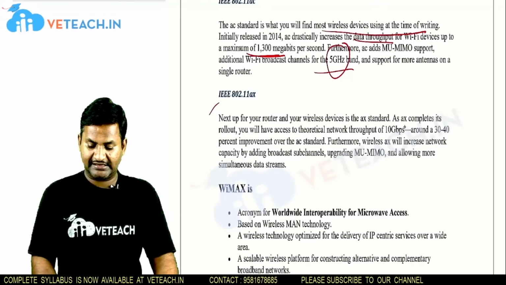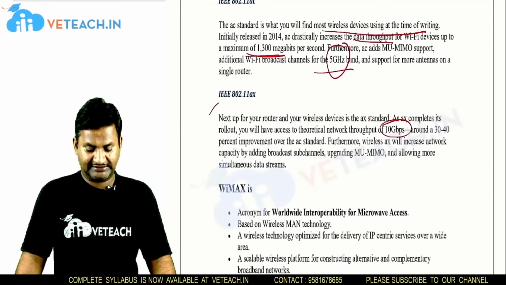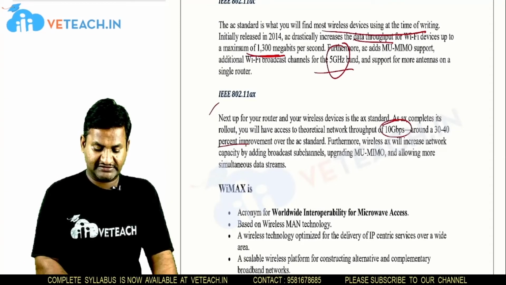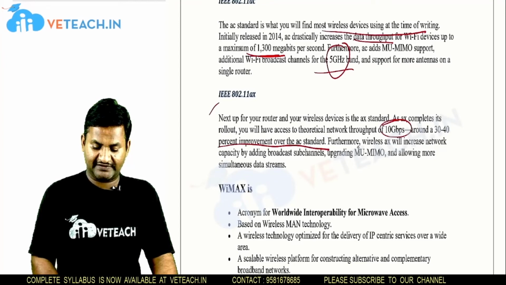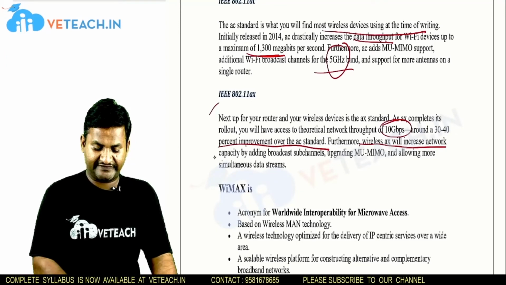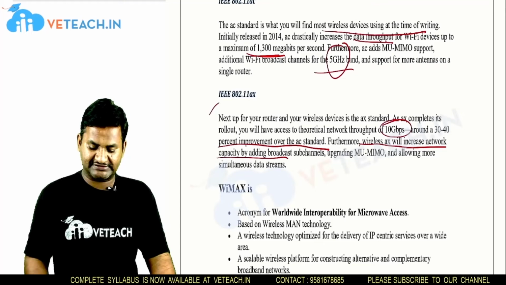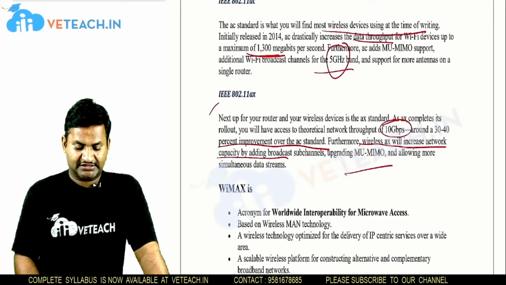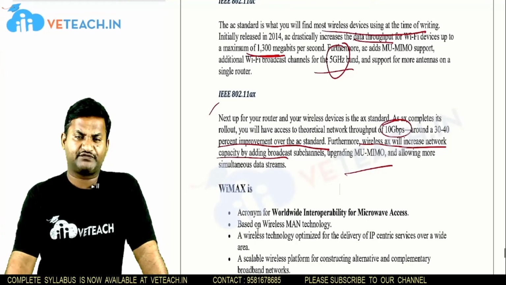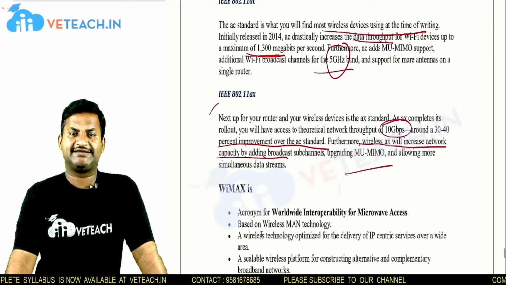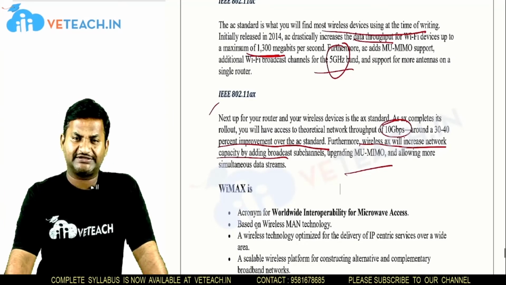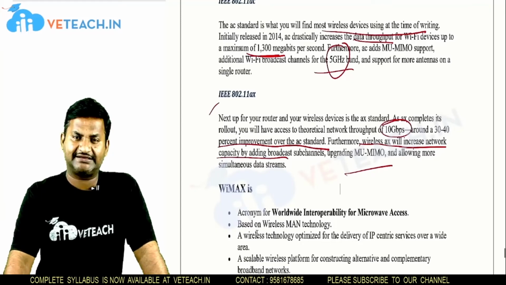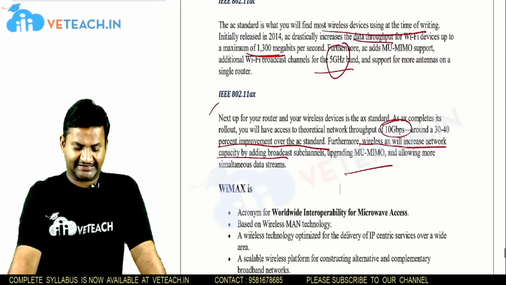Here the data rate is 10 Gbps, a 30 to 40% improvement over the AC standard. Furthermore, wireless AX increases network capacity by adding sub-channels and MIMO, multiple in multiple out devices. These are the different wireless communication standards available in computer networks to access the internet among all devices.